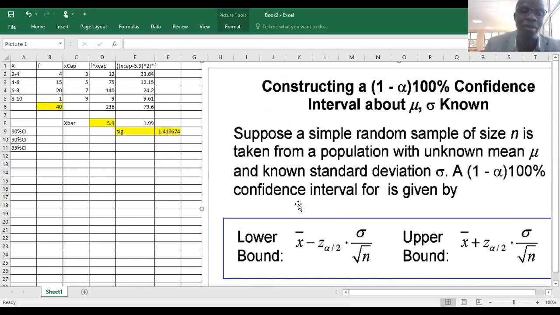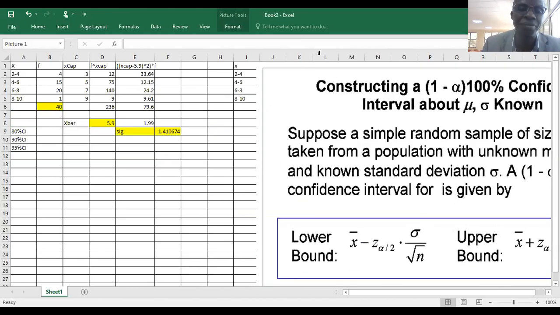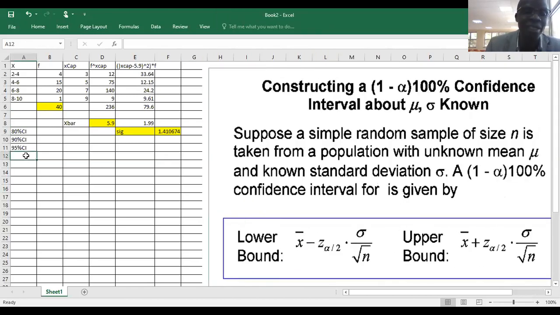So the question I want to ask you: let's deal with an 80% confidence interval. What is alpha when the degree of confidence is 80%? What is alpha if the level of confidence is 80%?